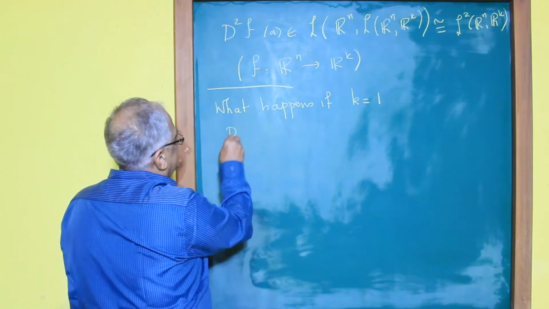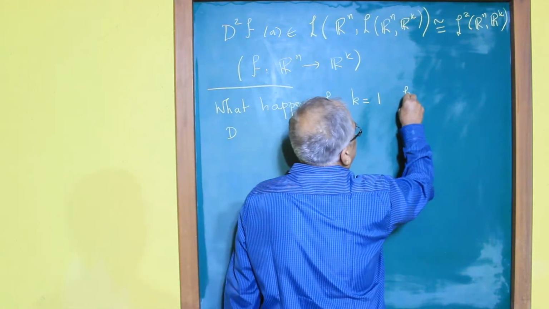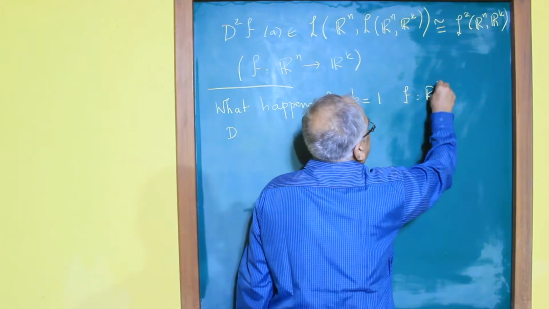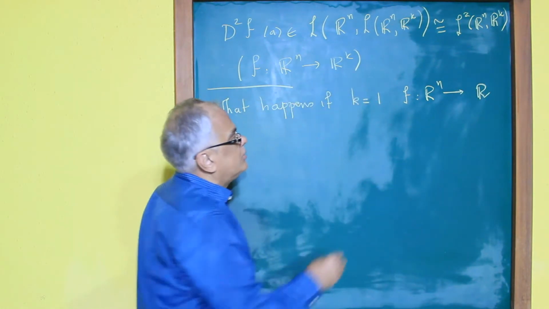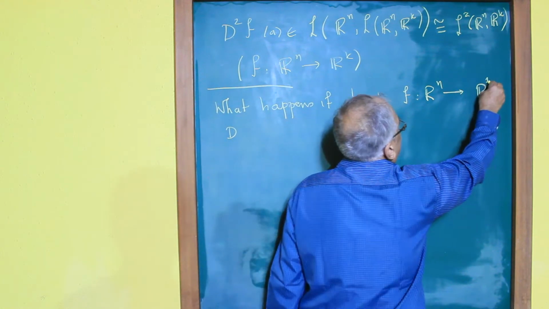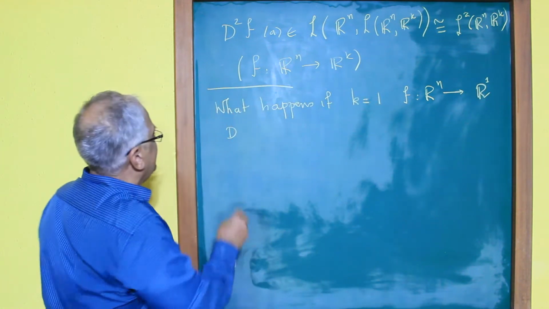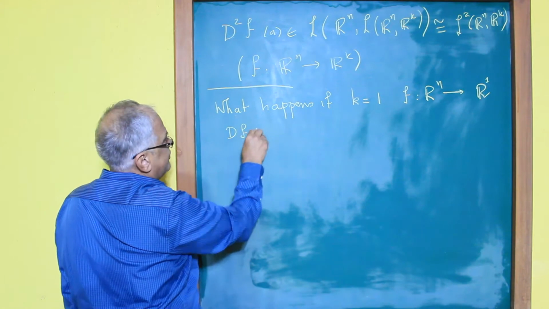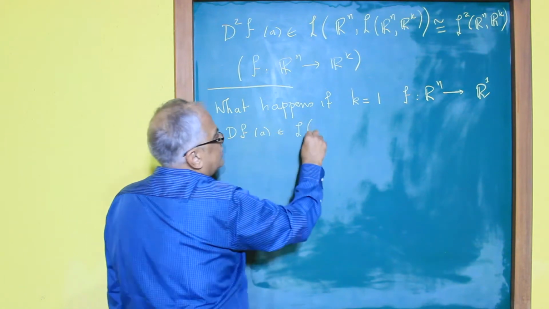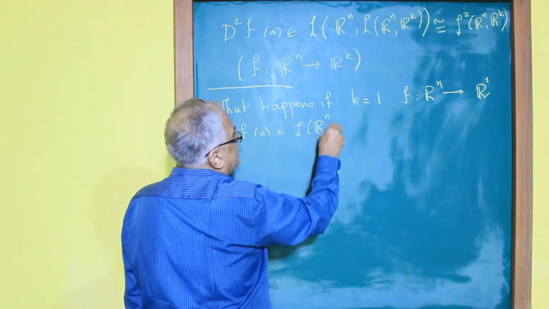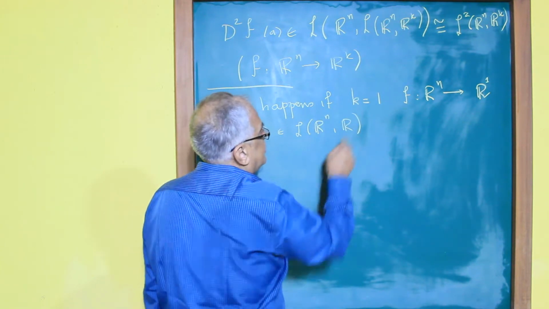Here f is a map from Rn to R. In this case, the first derivative of f at A is a linear map from Rn to R.